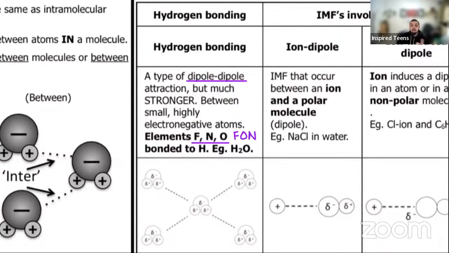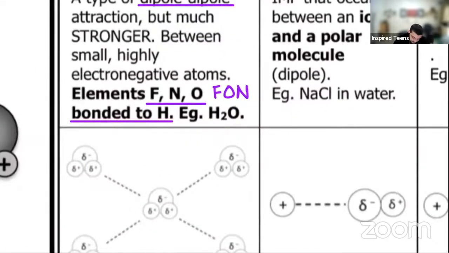Fluorine, nitrogen, oxygen. Whenever you have a compound that has a fluorine or a nitrogen or an oxygen bonded to hydrogen, that is when you have hydrogen bonding. An example is H2O. Another is NH3, nitrogen bonded to hydrogen.